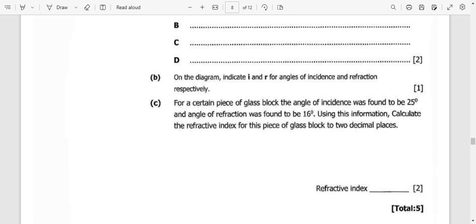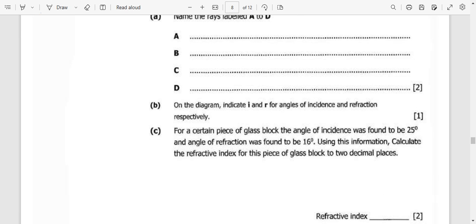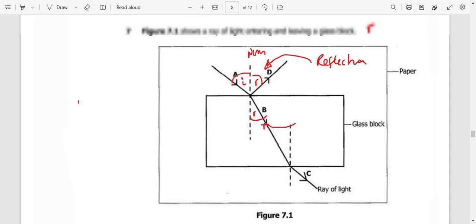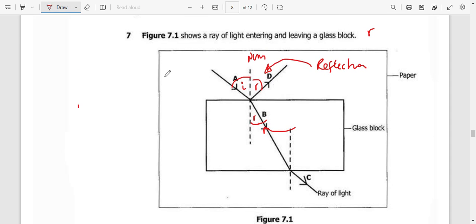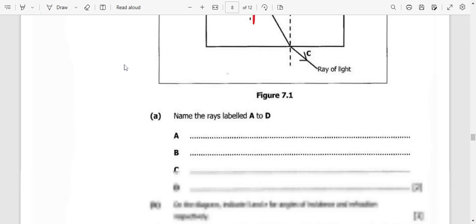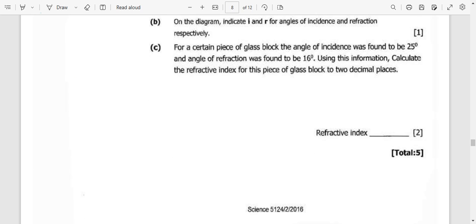So we have labeled I and R. R is the angle of refraction. The one they wanted us to label is this one here, which is refraction, not reflection. And then for a certain piece of glass block, the angle of incidence I is found to be 25 degrees.